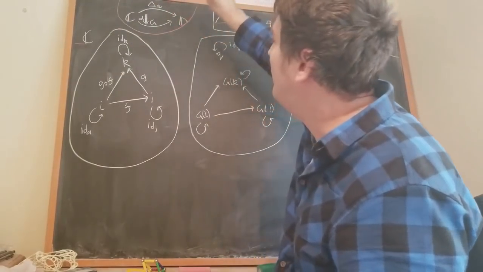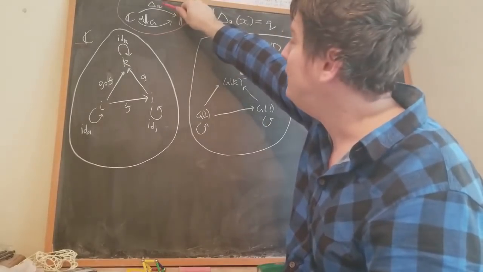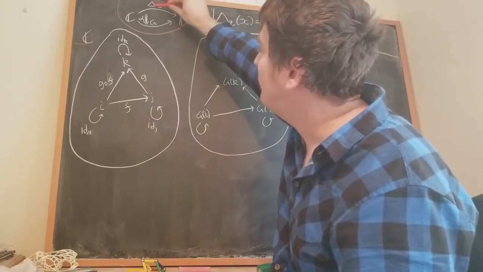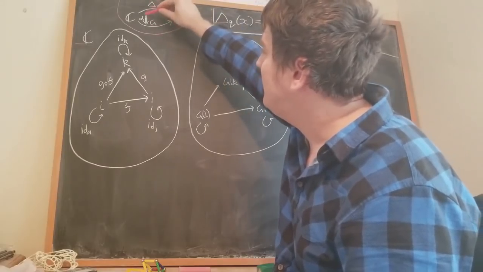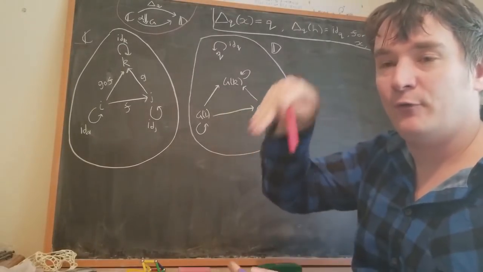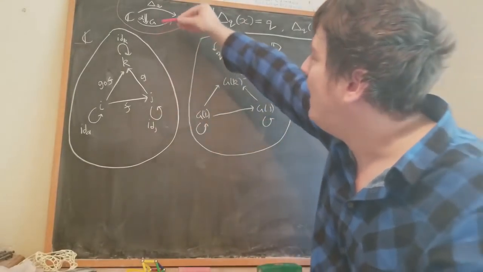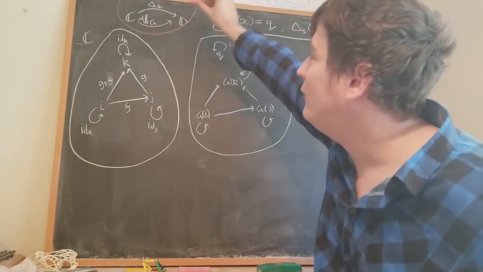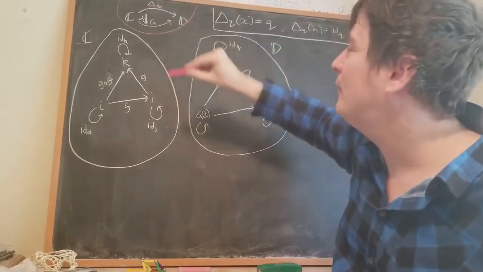So we have a functor which I'm calling delta Q, and another functor called G, and a natural transformation from delta Q to G. Normally natural transformations are written with these double arrows because they're kind of arrows between arrows if you want to think of them in this category Cat.